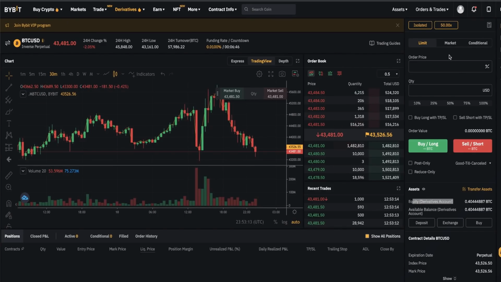This is margin trading. So essentially, what you will be doing here, you are borrowing money in order to increase your potential profit, which also increases your potential loss. With derivatives trading, you can actually lose all of your money.